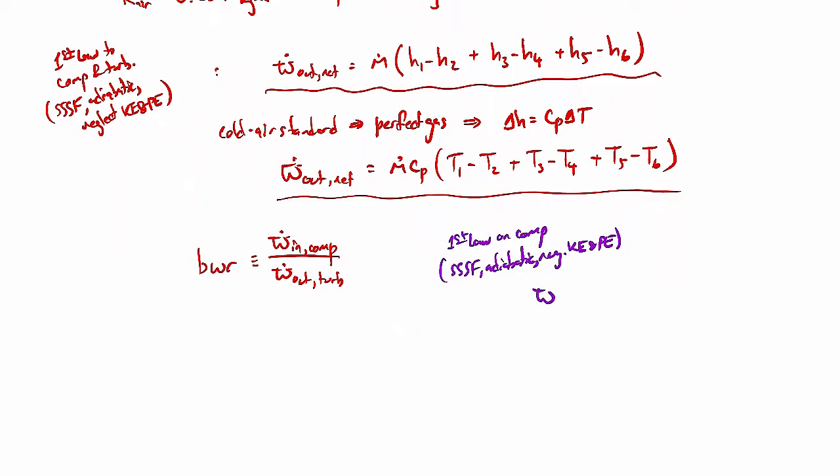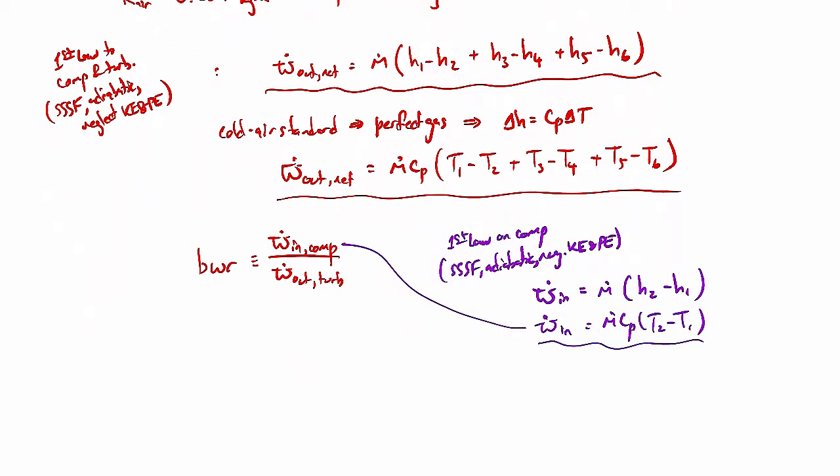What you'd get is the W dot in to the compressor will be m dot (H2 minus H1). Or, since we're doing a cold air standard analysis, it'll be m dot Cp (T2 minus T1). So that's how we'll find the power going into the compressor.